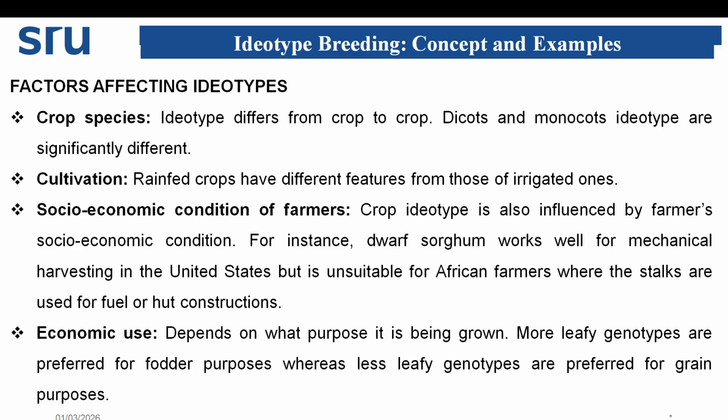More leafy genotypes are preferred for fodder purpose, whereas less leafy genotypes are preferred for grain purpose. So economic use is also one of the important factors affecting crop idiotype. So these are the four major factors: crop species, cultivation practices, socio-economic condition of farmers, and economic use.